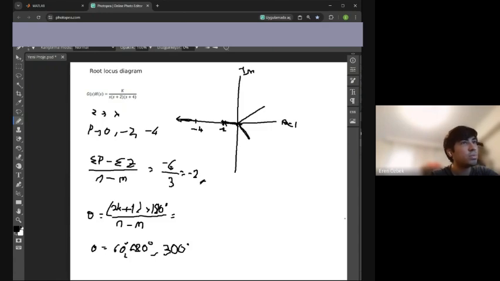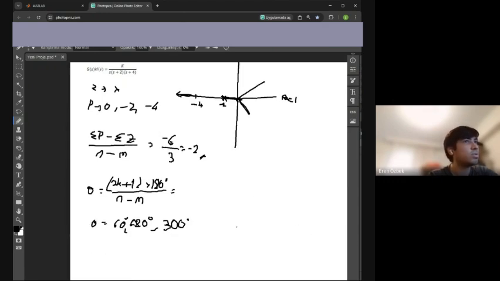The breakaway point is where the poles on the real axis move toward each other, meet, and leave the real axis. To find it, we write the characteristic equation by adding the feedback.